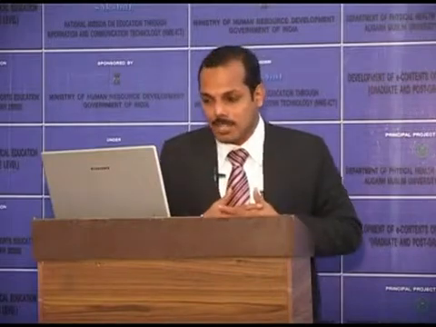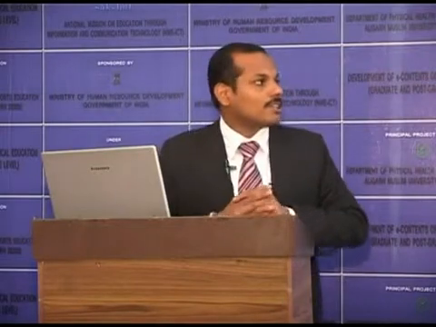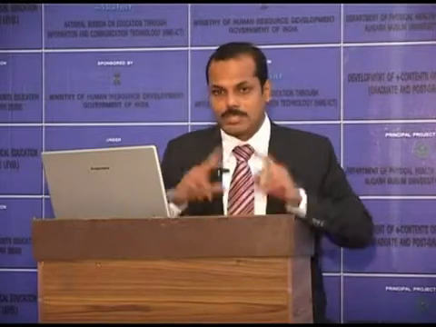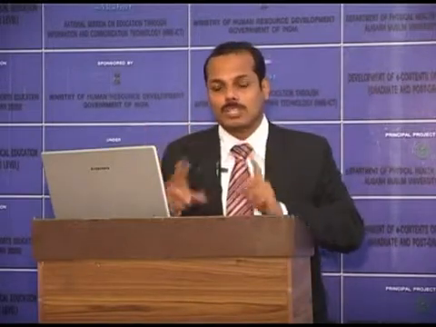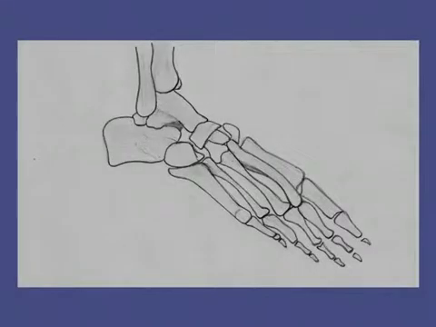Next joint is the metatarsophalangeal joint. As the name implies, it is formed between the metatarsal and phalangeal bones. It is a condyloid joint with 2 degrees of freedom. That is, it can be moved in 2 directions, in 2 planes. The movements available here are flexion and extension, and abduction and adduction.